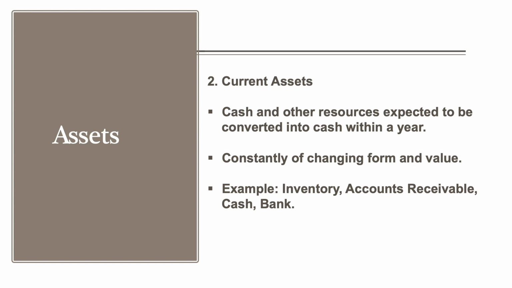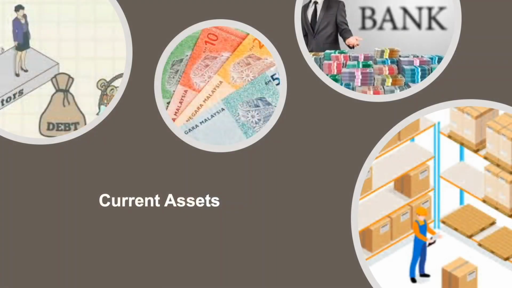Examples: inventory, account receivable, cash, or bank. Here are some pictures. We can see money, the bank.